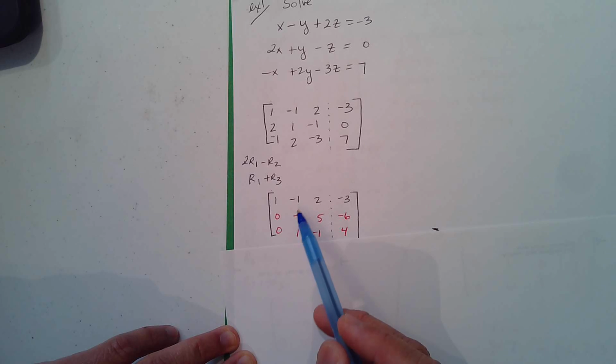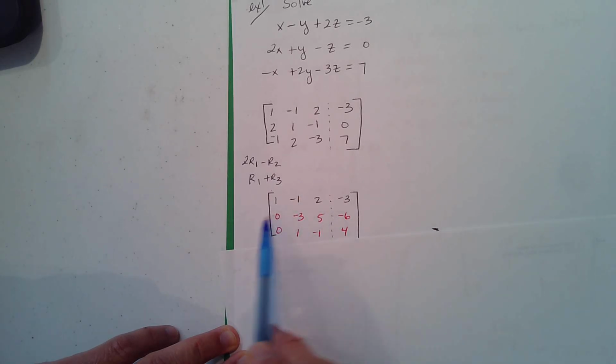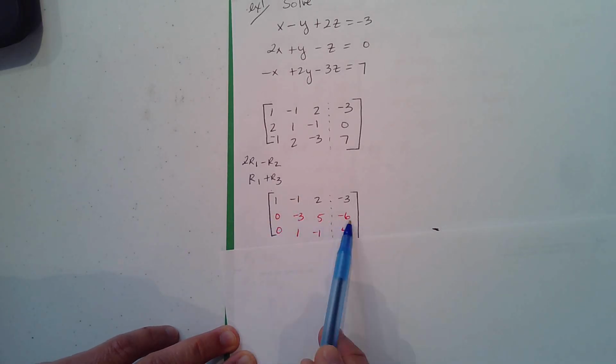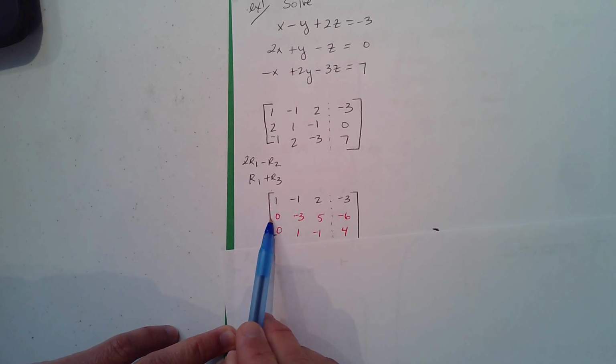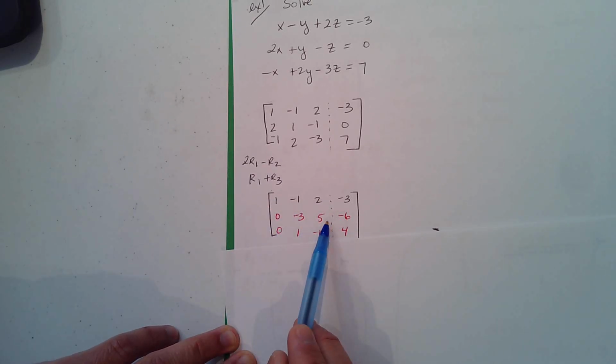Next thing we're going to do is make these two zeros by using row 2. So we are going to change row 1 and row 3, but we are not going to change row 2. So we're going to write down row 2 immediately.